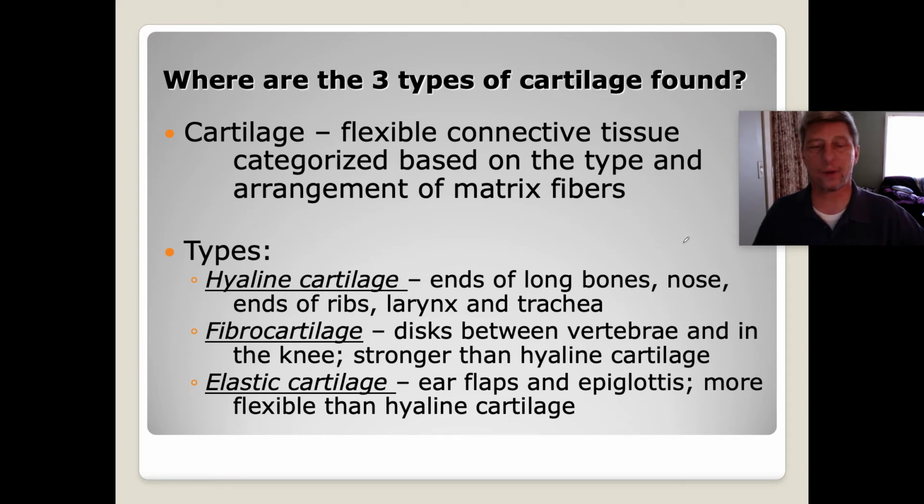You also find fibrocartilage in the knee, because the knee is one of the joints that takes the most abuse in the human body. And finally, elastic cartilage is found in your ear flaps and the epiglottis that covers up your trachea when you swallow food, and it is far more flexible than hyaline cartilage. So you've got your typical average cartilage in the hyaline, fibrocartilage, which is very strong, and then elastic cartilage, which is much more flexible.